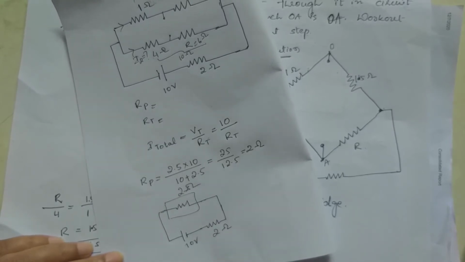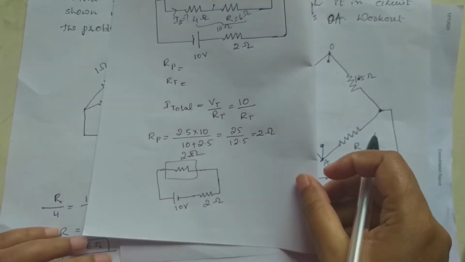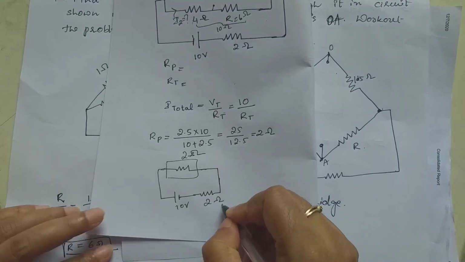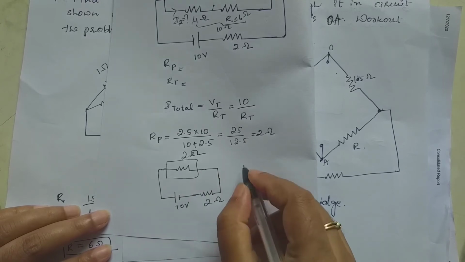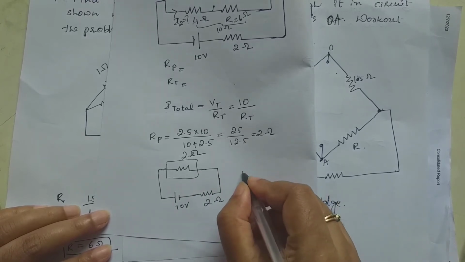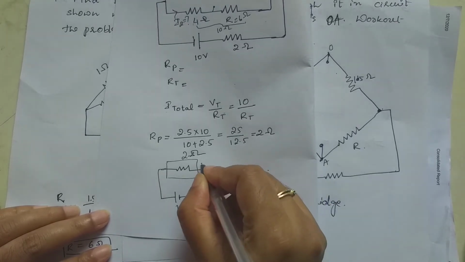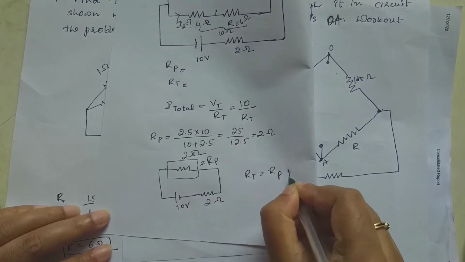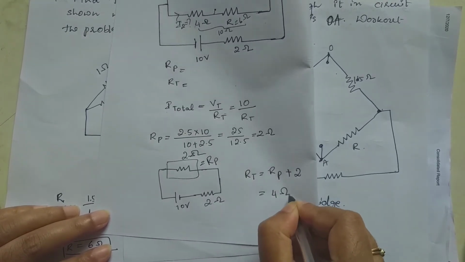So 2 ohm in series with 2 ohm, we can add them, and it becomes 4 ohm. So R total is equal to RP plus 2 ohm, which is 4 ohm.